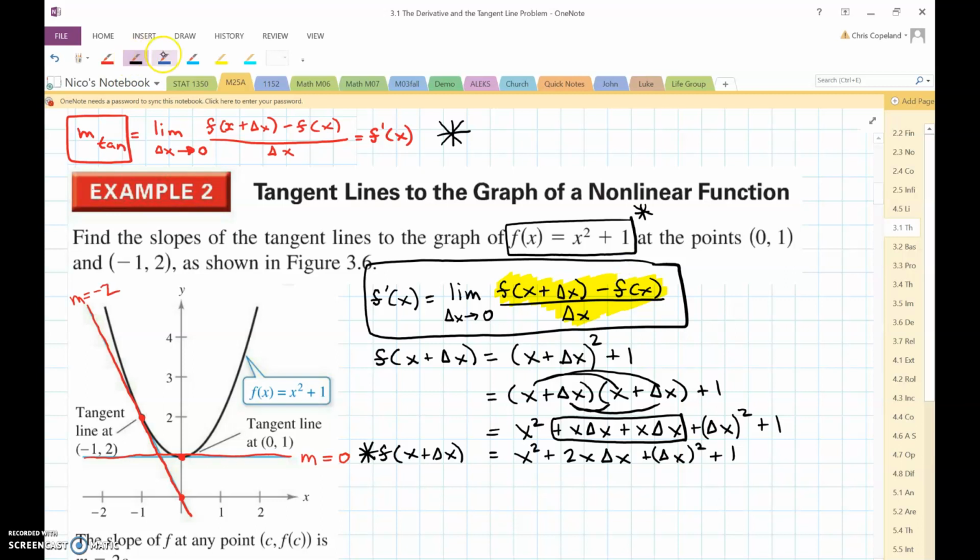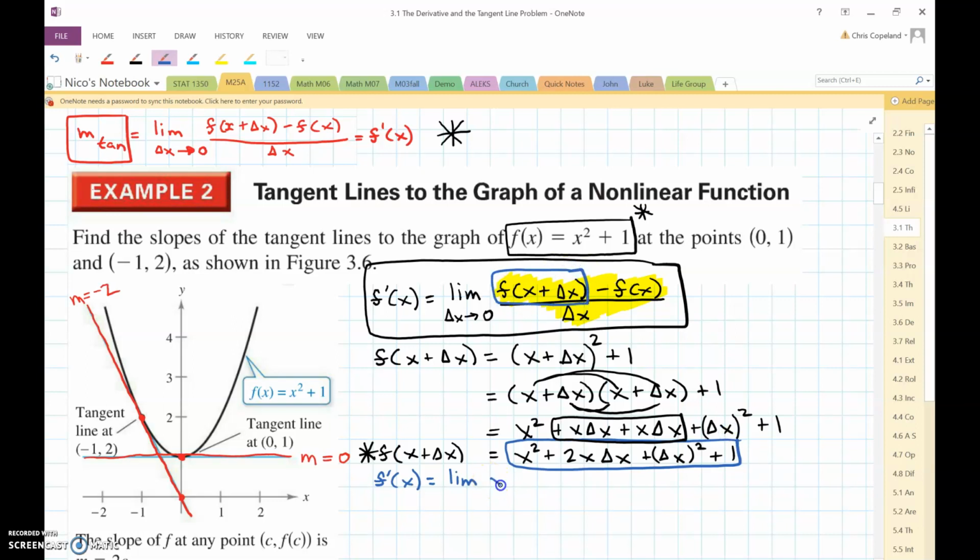Now I want to plug all of this information into this. Let's do that in blue, just to give us a different color. So f prime of x is equal to the limit of f of x plus delta x, that is this guy. We'll substitute that in here.